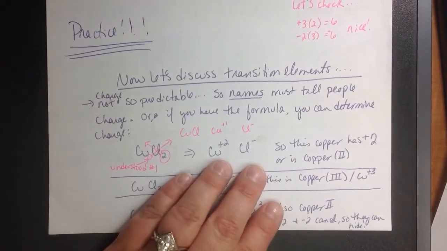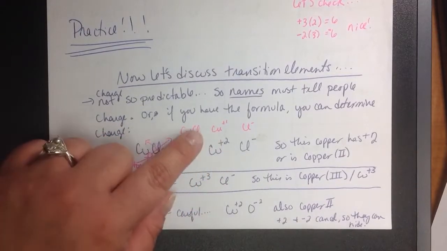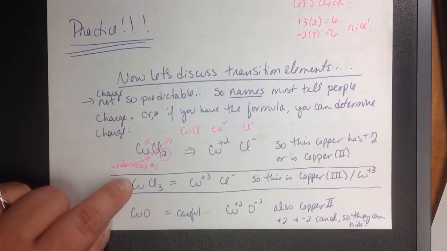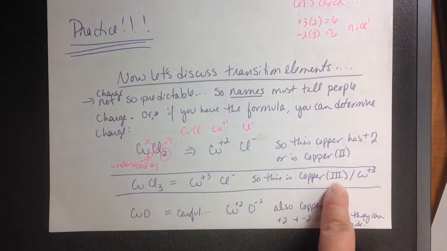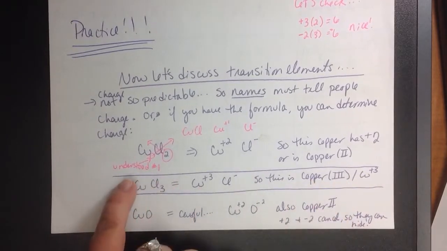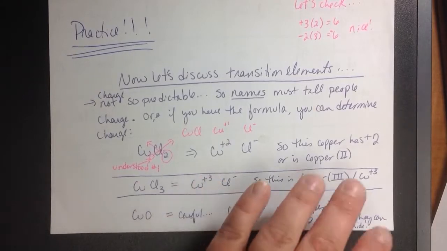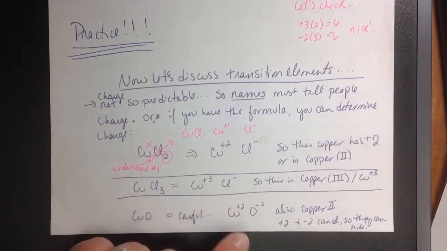But we need to tell the world which copper chloride it is, because it could be this copper chloride, or this copper chloride. We tell them that by simply saying the Roman numeral 3. 3 means +3 charge. 2 means +2 charge. 1 would mean +1 charge. Okay, so that would be copper chloride.